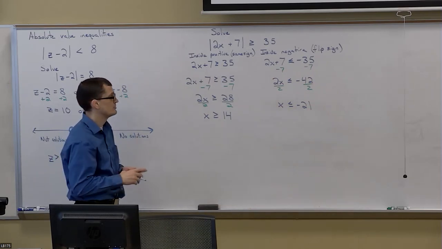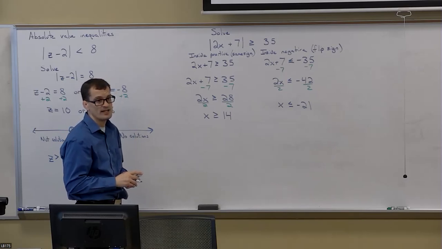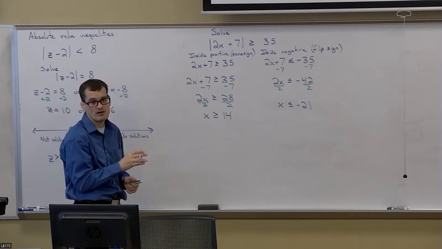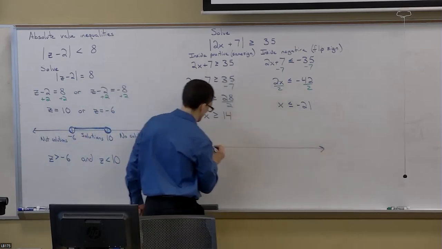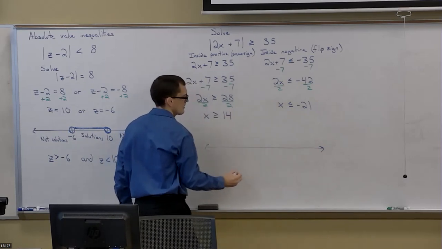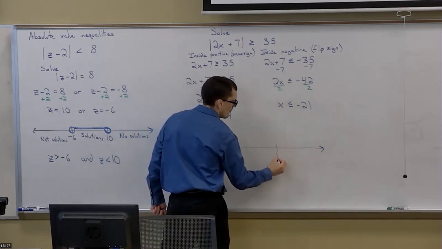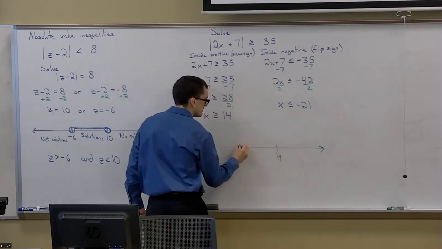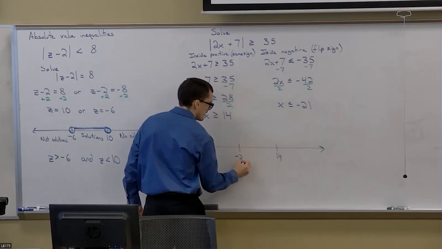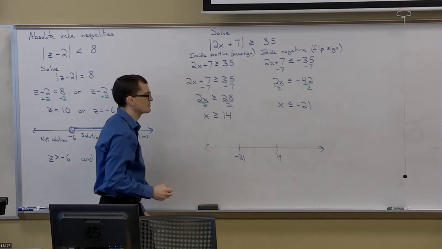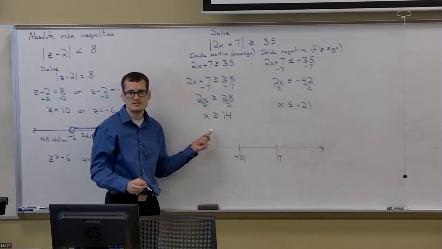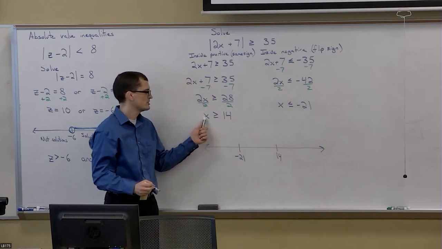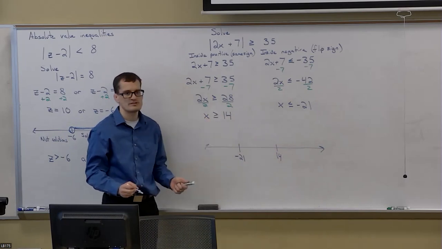Now, the advantage of doing it this way is that immediately I know the algebraic answer, but also I don't have to really test which sections work. This already tells me which sections work. The section that is above or equal to 14 is going to work.